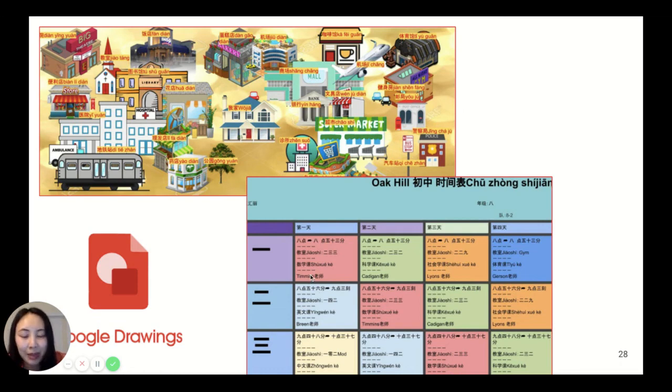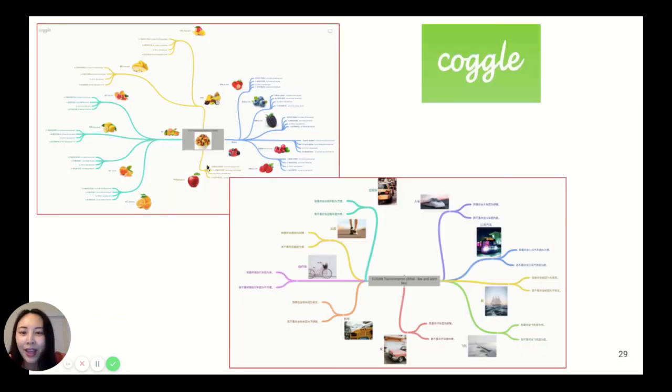So they are very excited because after they make it, they are going to use it. And some students choose to make it on Google Drawing, so it's easier for them to do coloring and make changes. Some students did on paper. Both of them are very happy.